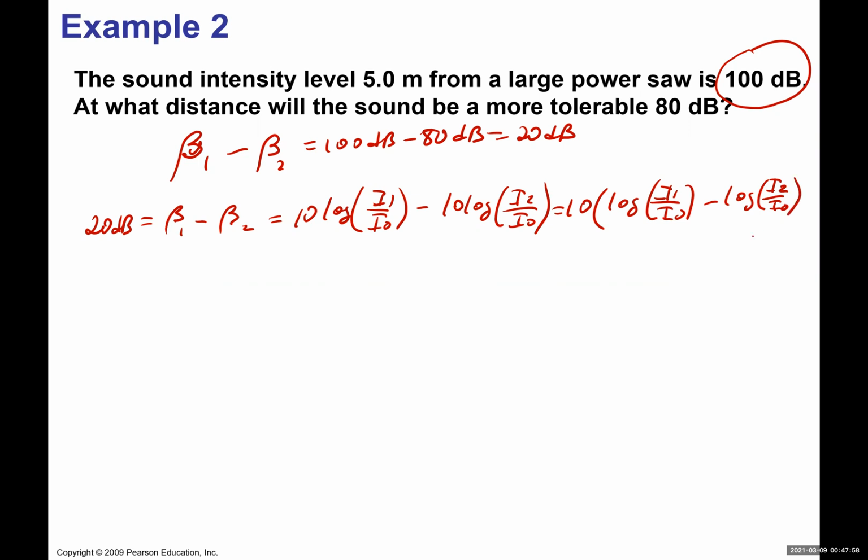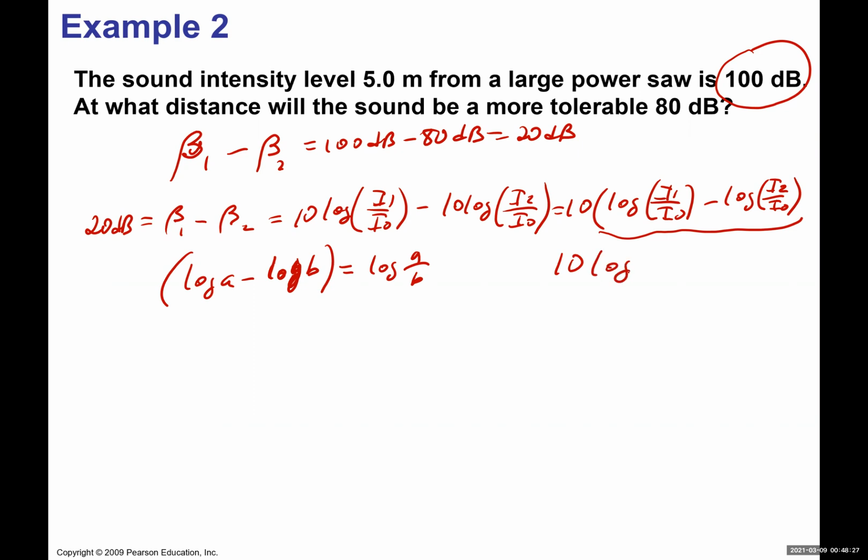Because log A minus log B is equal to log A over B, I can write this as 10 log, where I1 over I naught is my A and I2 over I naught is my B. So it becomes I1 over I naught divided by I2 over I naught.